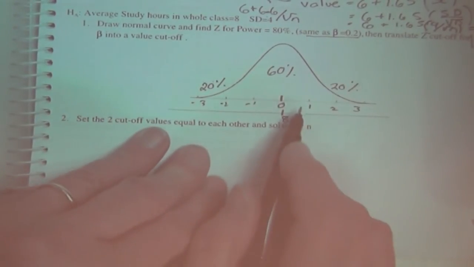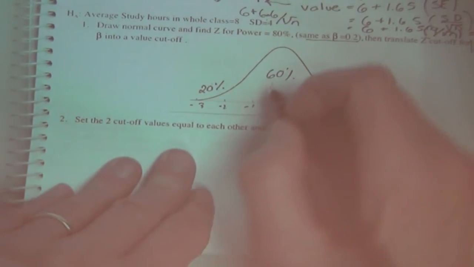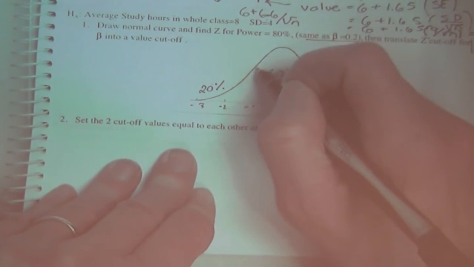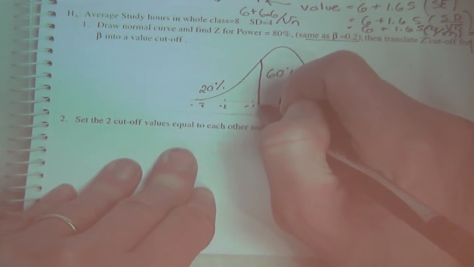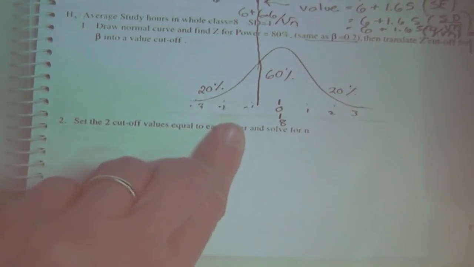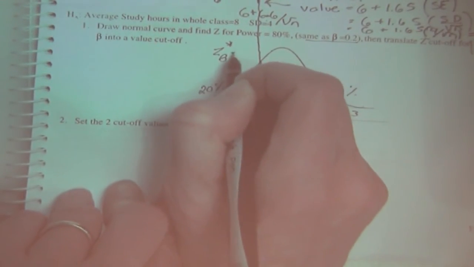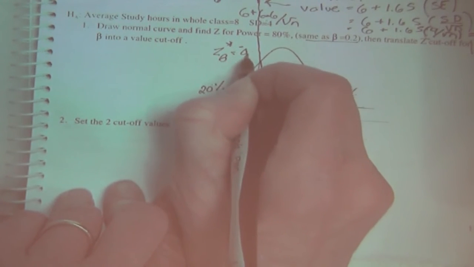Okay, so that's between 0.85 and -0.85. Clearly we're on this side, so it's about right here. We'll shift it over, it looks like that. So now we have Z beta is equal to negative 0.85.